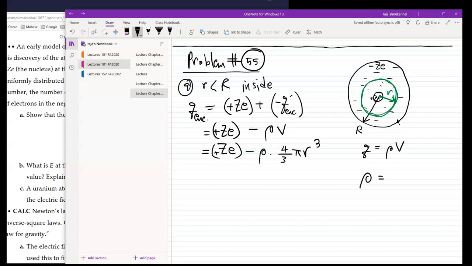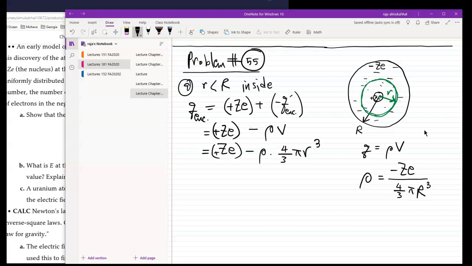Remember, the whole atom is of radius big R. So the charge density in this case is going to be minus ZE over 4/3 pi big R cubed. Make sense?